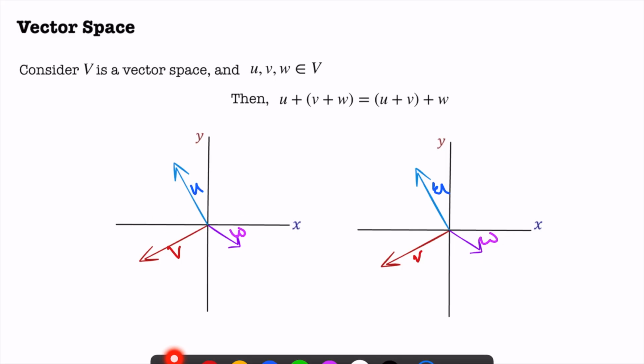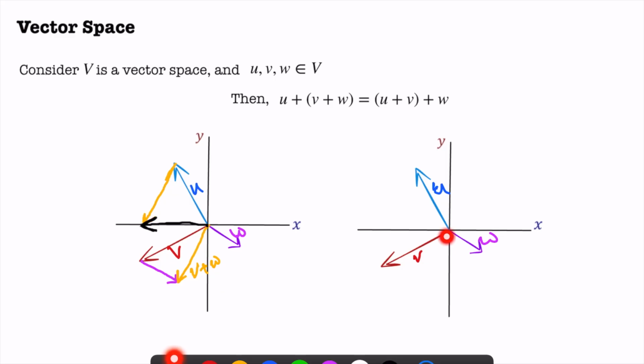Here we'll perform v plus w first. Let's do that. So this is v plus w. Now we'll add u and v plus w, right? We'll move v plus w and place it here. And our resultant vector will be this one.